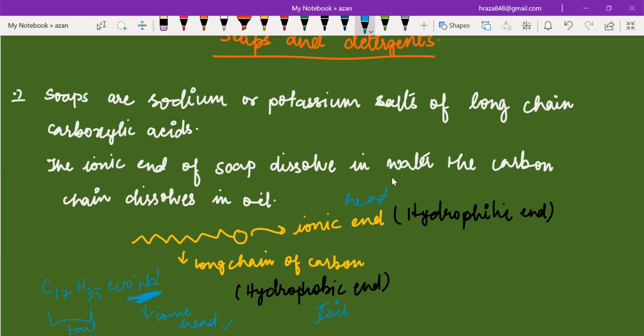Yes. Please do write with me. So this is an example of a salt which has the name sodium stearate.